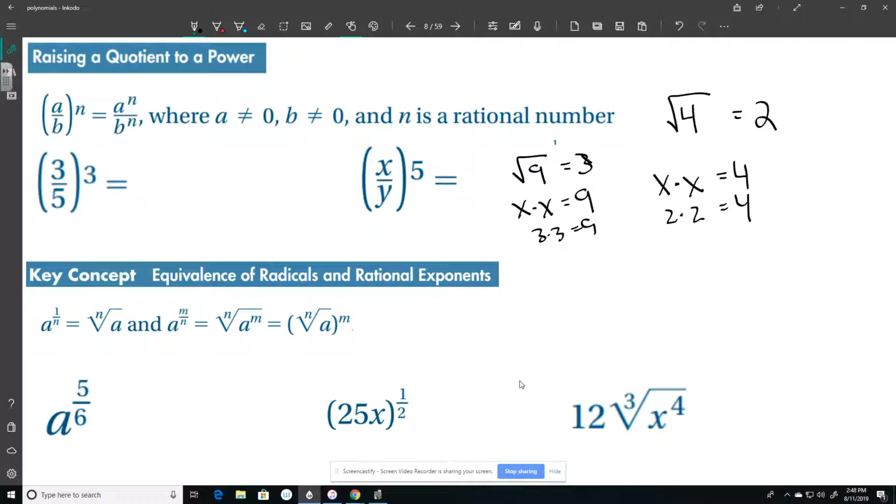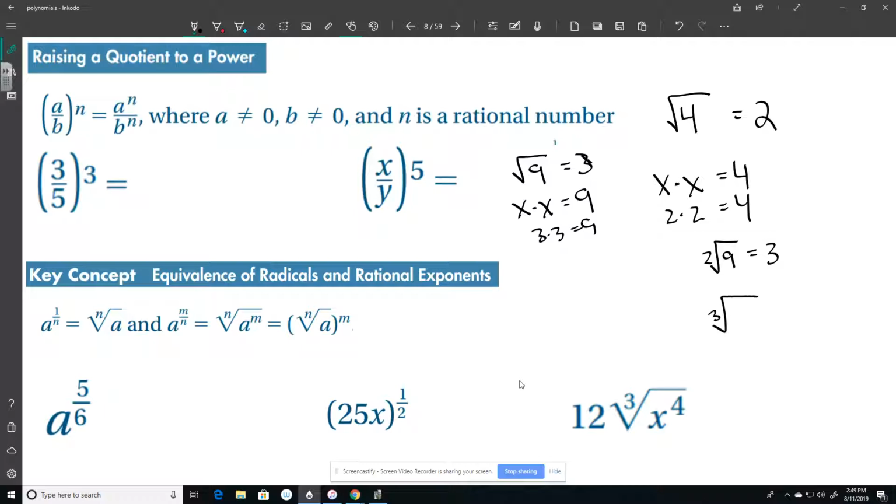But we're not only dealing with square roots. This year, we're going to add something that we call nth roots. So instead of a square root, which really just means that there's a 2 right here, we're going to add something called nth roots.